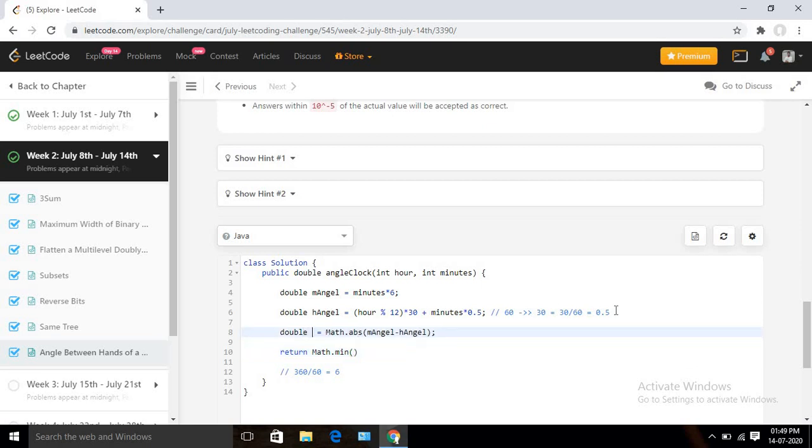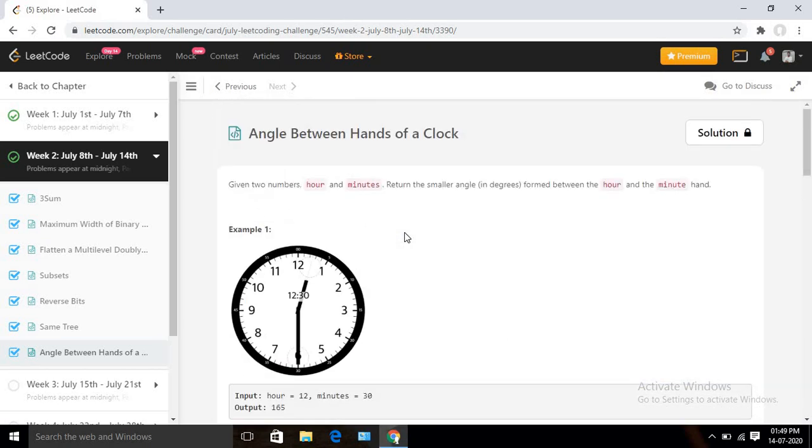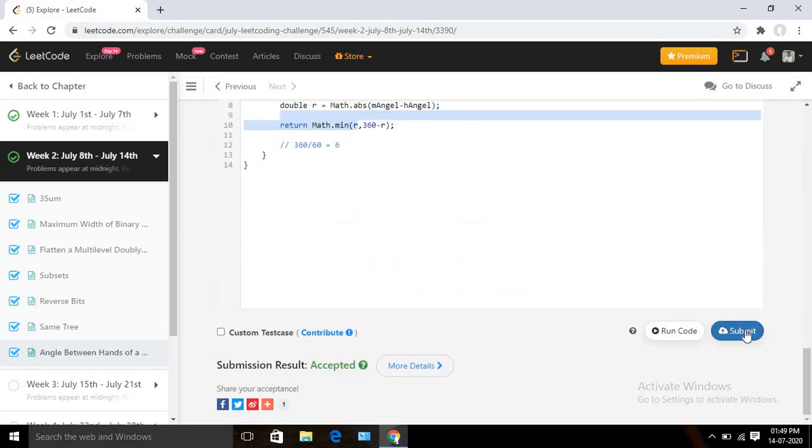Let me name it R. Then we return Math.min of R or 360 minus R. Why are we doing 360 minus R? Because, as I already said, there can be two angles, so you always need to take the smaller one. So we are taking the minimum.